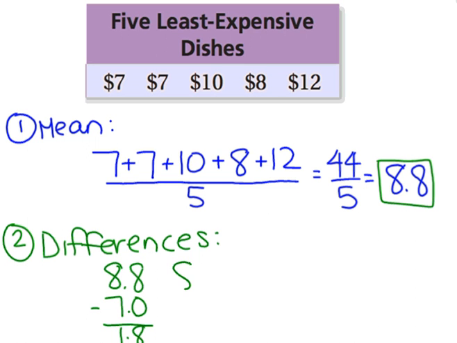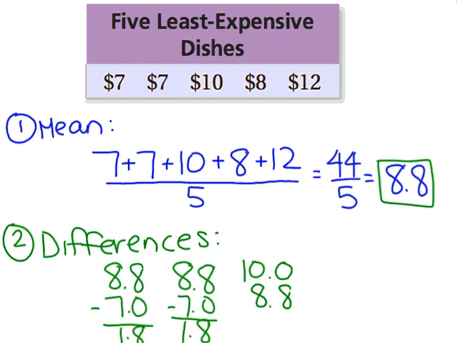We have another value of 7, so same thing for our second number. Then our third number, we're going to put 10 on top since it's larger, and subtract 8.8 from that to get 1 and 2 tenths.